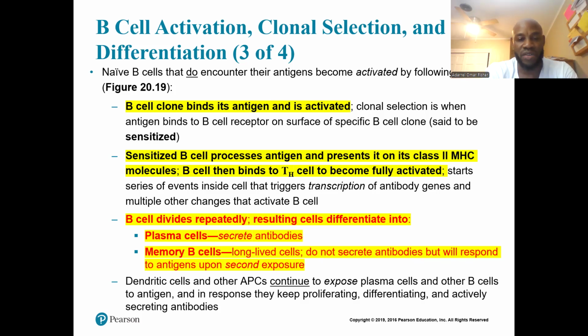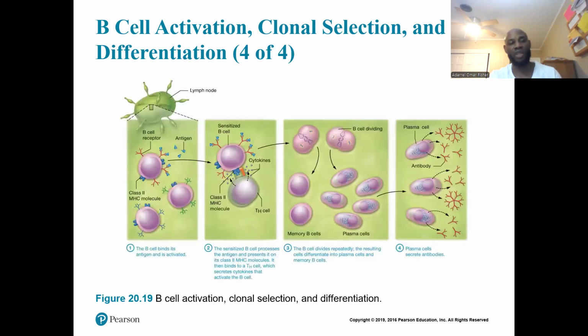The B cell divides repeatedly, and the resulting cells differentiate into plasma cells, which secrete what we know as antibodies, and also memory B cells. These long-lived cells do not secrete antibodies, but will increase that response quickly. Dendritic cells and other APCs continue to expose plasma cells and other B cells to antigen. All right, so that's your response.